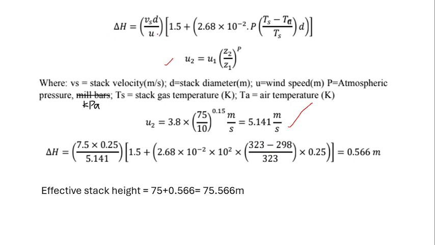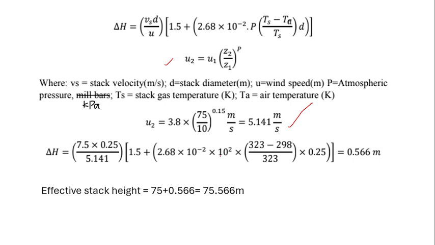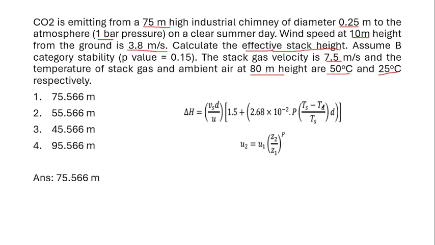And now U is also substituted. U is the wind speed here at the 75 meter. Next is 1.5 plus 2.68 into 10 power minus 2. Here the pressure is same, so the pressure is 1 bar. So it is 100. And Ts and Ta. Ts, stack gas temperature is 50 degrees Celsius.